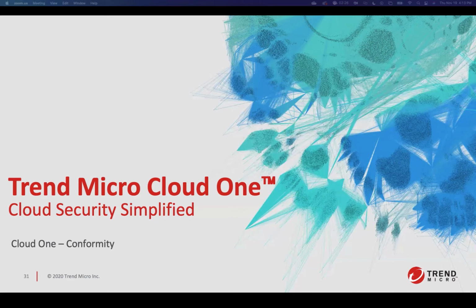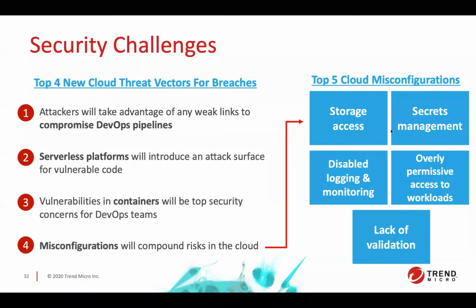Some of the challenges we run across are in a number of different areas. Trend Micro has predicted that in 2020, 2021, security experts are going to need extra security around vulnerabilities that can be exploited, and breaches.